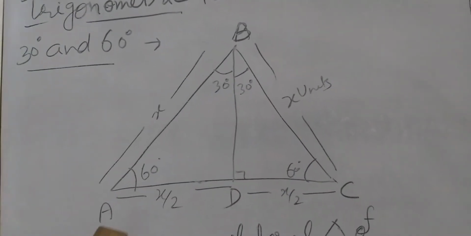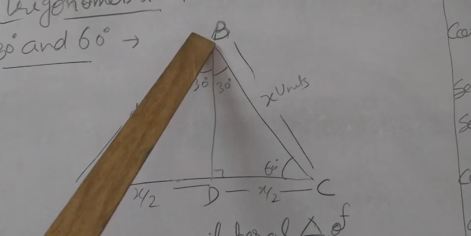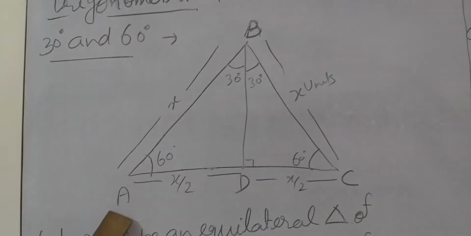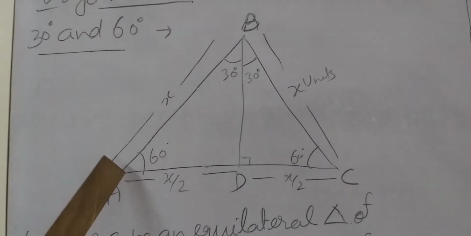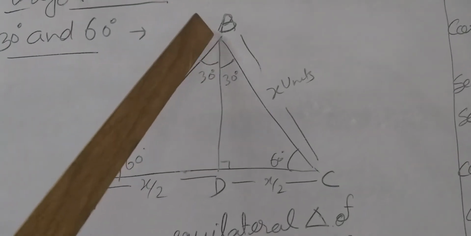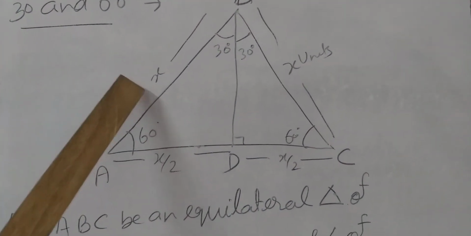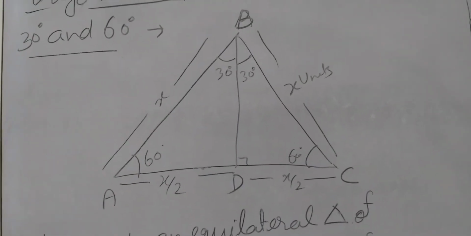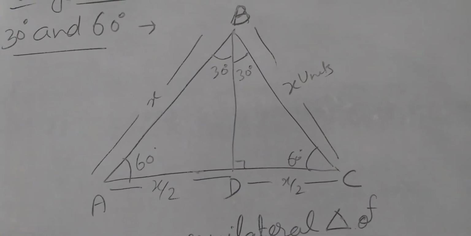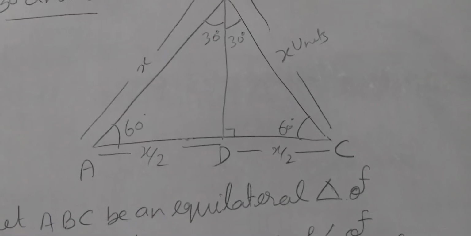For this, students, we have to draw an equilateral triangle ABC and suppose AB equal to BC equal to AC equal to X, as we know that all three sides are equal in an equilateral triangle.